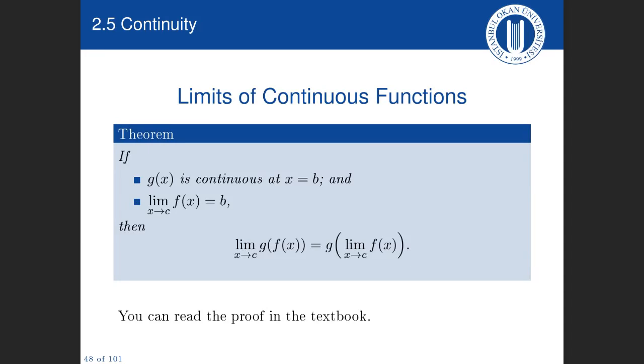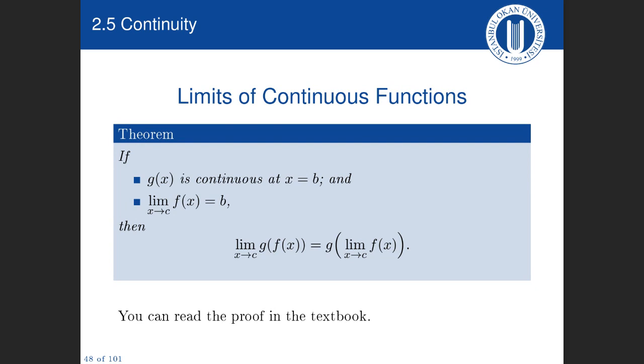One final idea before we take a break. I want to talk about limits of continuous functions. Let's suppose g is continuous at the point b, and let's suppose that the limit as x tends to c of f of x is equal to b. So in other words, g is continuous at the value of the limit of f.